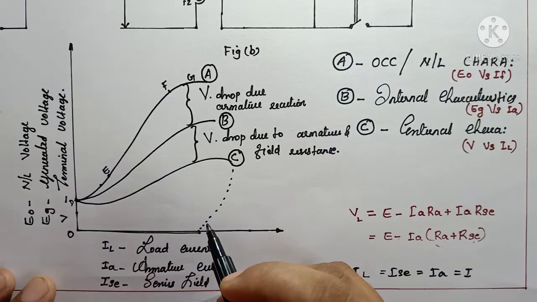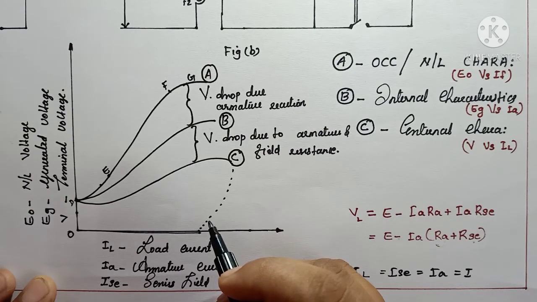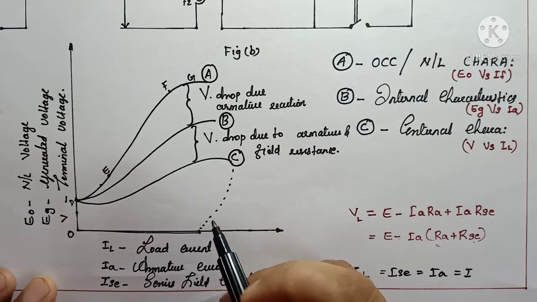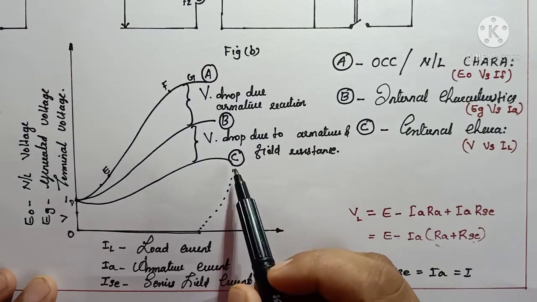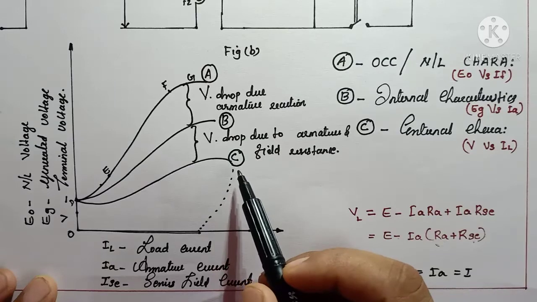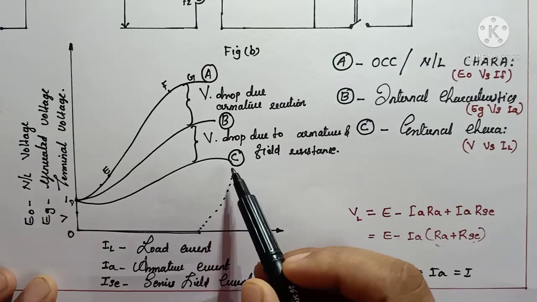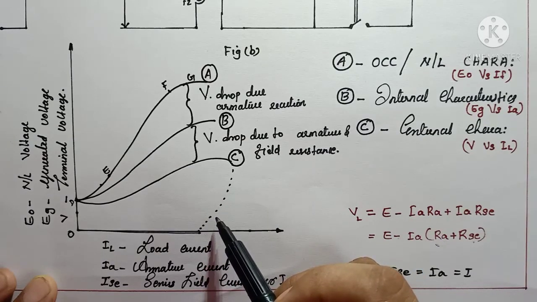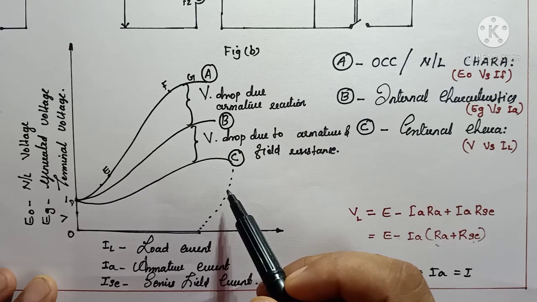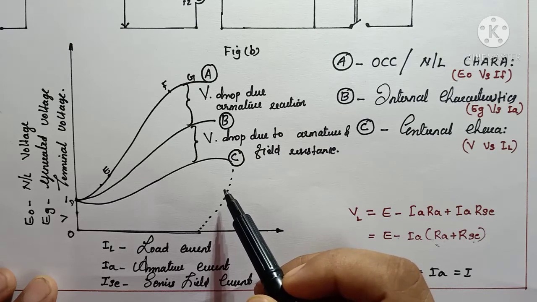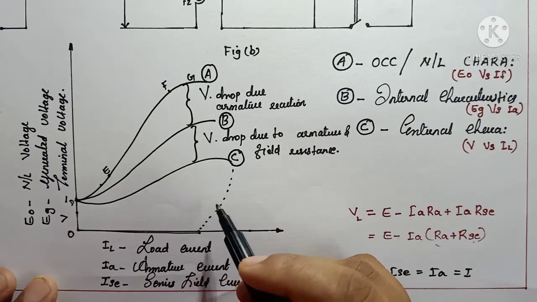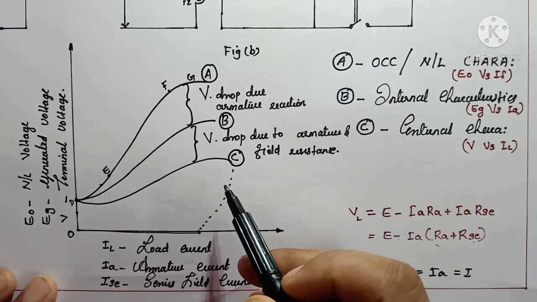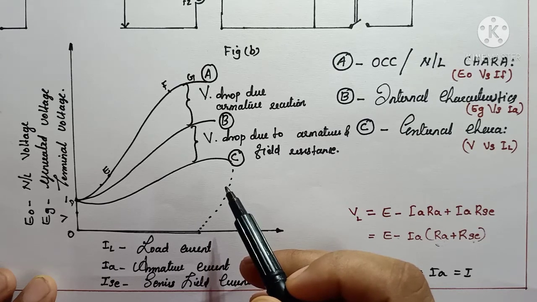Okay, based on these concepts, we can discuss the applications of series wound generators. Due to these voltage dropping characteristics, we can use them as variable voltage generators, or otherwise we can say that this type of generator can be used as a constant current source.